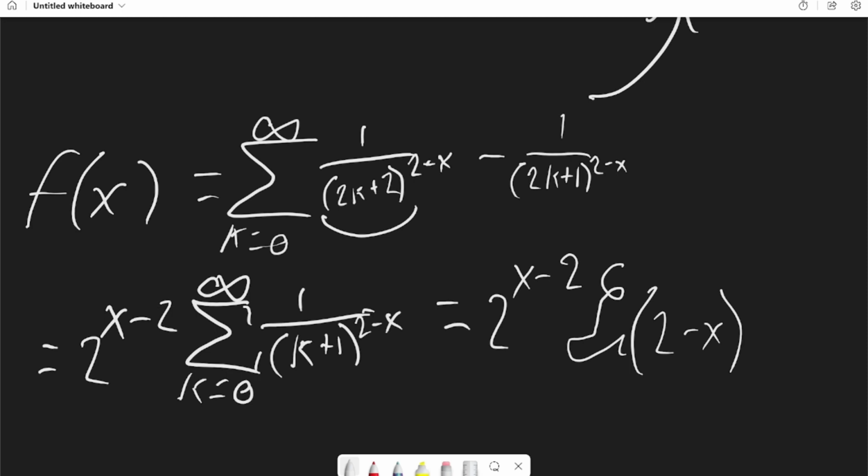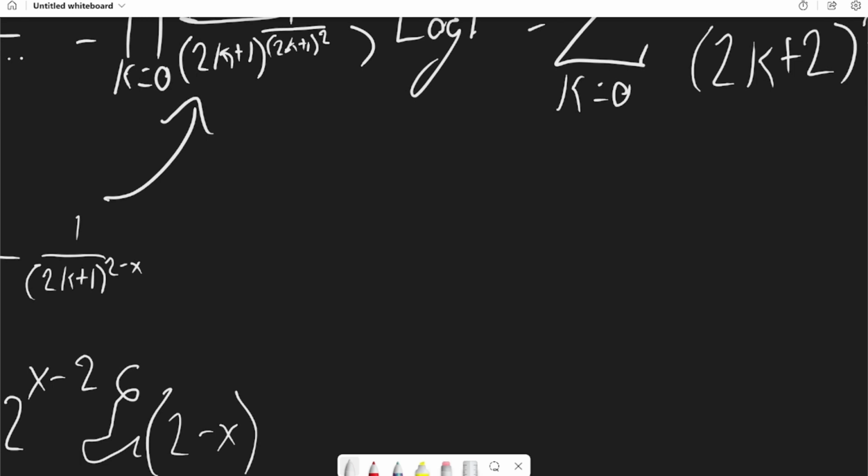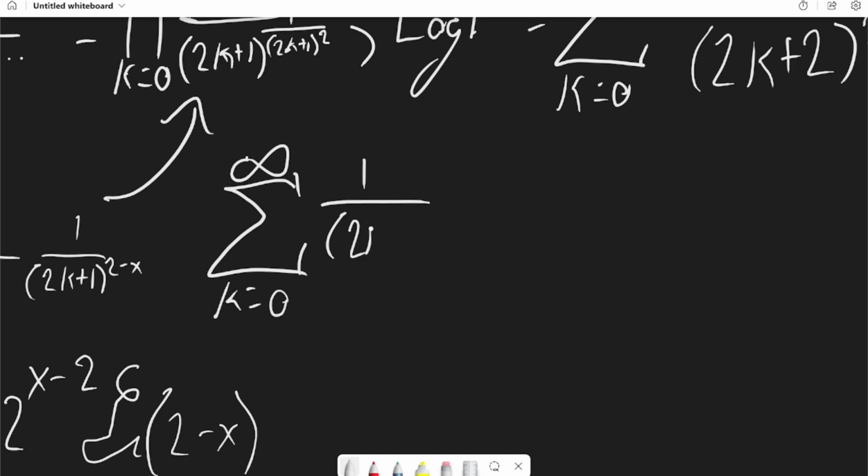Now the second one is not nearly as trivial, but still pretty easy. I don't know why I erased that. Undo that. Okay, now the second series is the sum k equals 0 to infinity of 1 over (2k plus 1) to the 2 minus x.